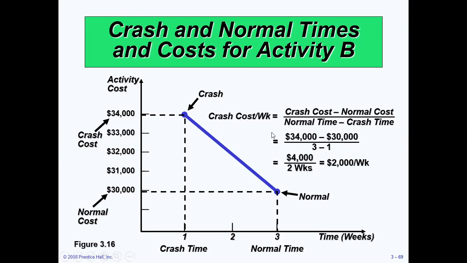So crash cost per week, again: 34,000 minus 30,000, divided by the normal time, which is 3, minus the crash time for activity B, which is 1. Here 34,000 is the crash cost of activity B, and $30,000 is the normal cost for activity B. So 4,000 by 2 weeks means $2,000 per week.